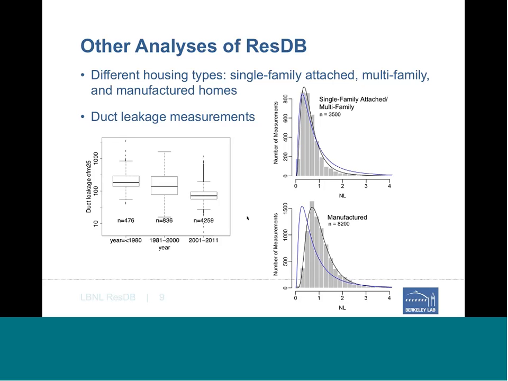Other types of data that we hope to look at include combustion safety tests and indoor air quality measurements. If we are able to pull all these data into a database, then that will support more analysis. The other thing that we started to look at is multifamily homes. This is something that we haven't done so much in the past, but hopefully moving forward, we'll look at that.